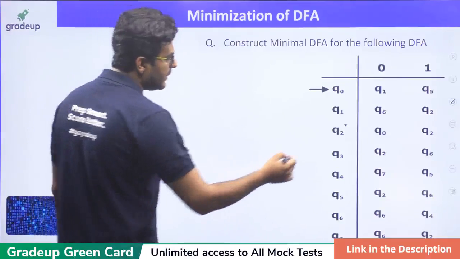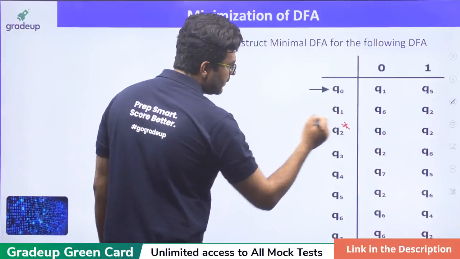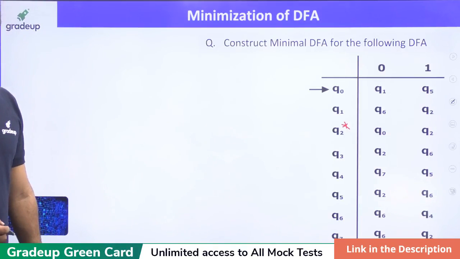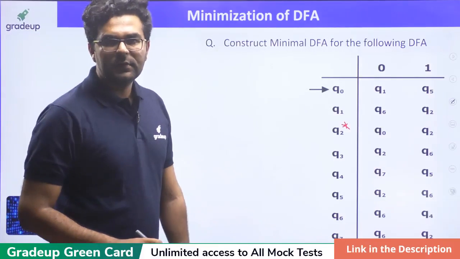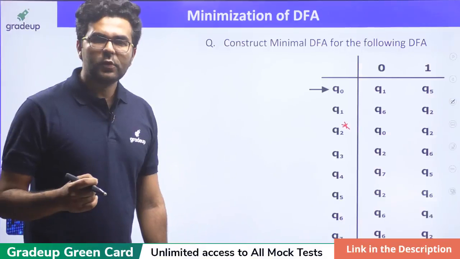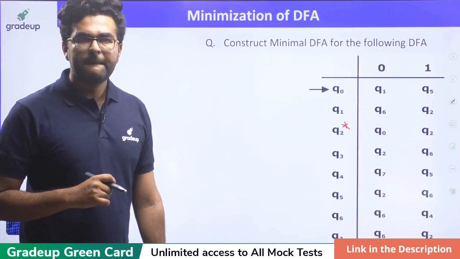Final state is Q2. The star is smaller, so I guess you are not able to see it. Karan Patel, final state is Q2. Yes, guys, try. If you try it here, then you will be able to crack that question in the exam.